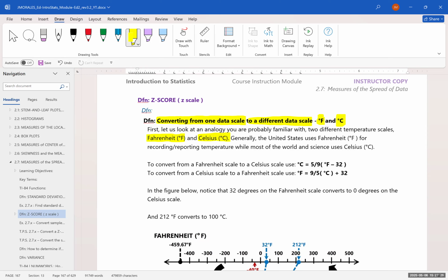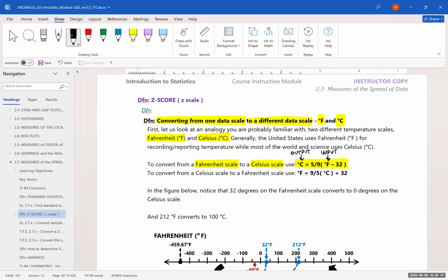To convert from the Fahrenheit scale to the Celsius scale, we use this equation here. Notice that degrees Celsius is all by itself on one side of this equation, so we would consider this to be our output. And Fahrenheit is buried within an expression on the right-hand side, so we would consider this to be our input.